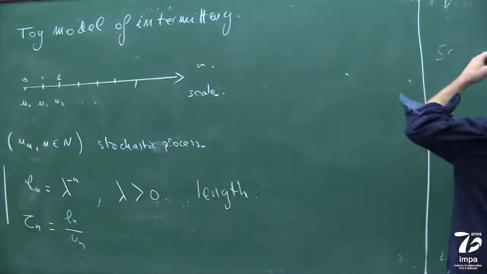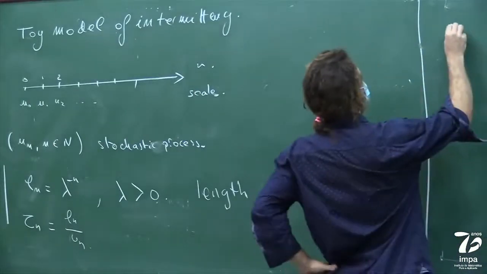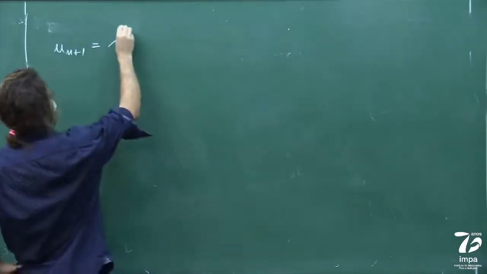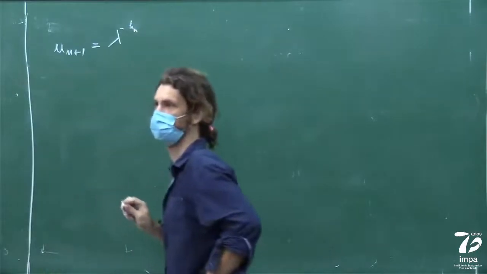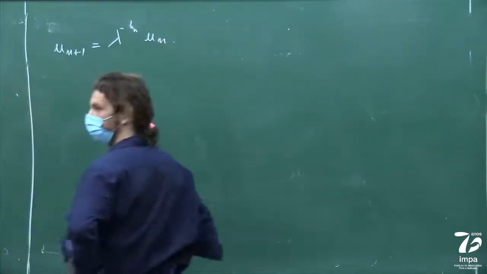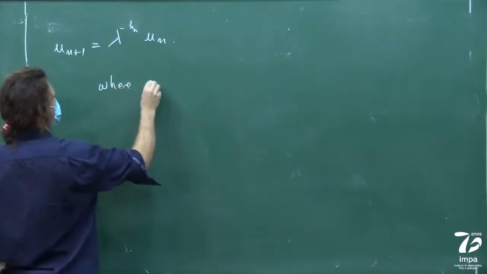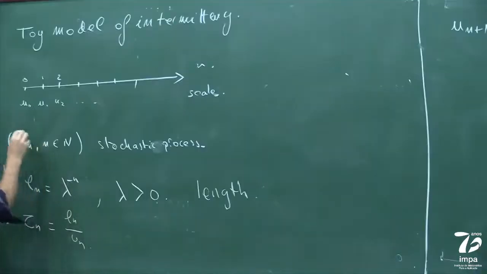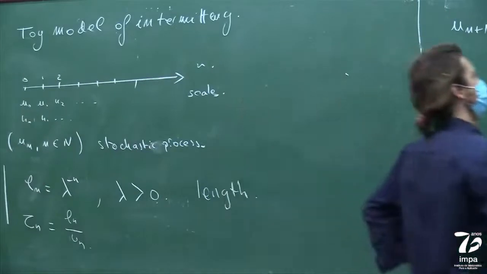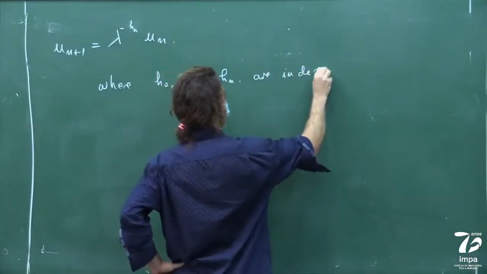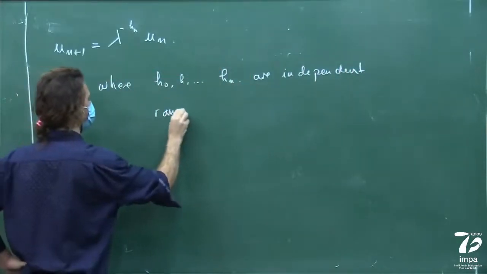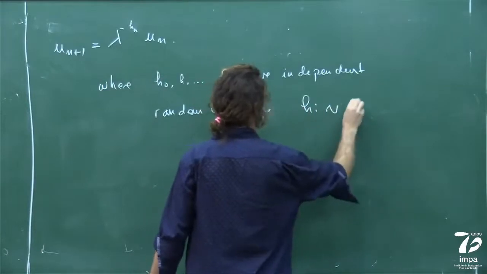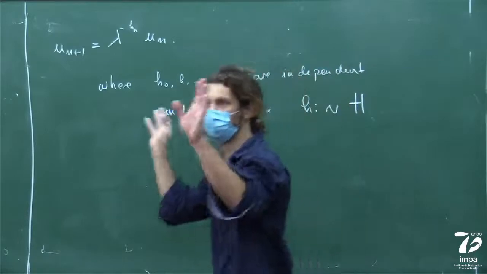And we are going to make the choice that Un plus 1 will be lambda to the power minus Hn times Un, where H0, H1, Hn are independent random variables with a prescribed law we call H. Okay, it's yet to be specified.